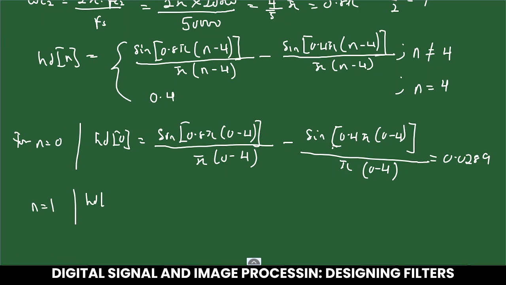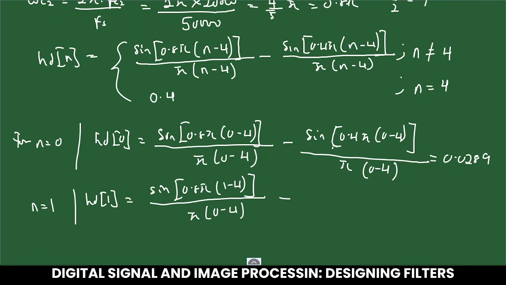You do same for n is equal to 1. We have our hd of 1 is equal to the sine of 0.8 pi into bracket 1 minus 4 all over pi into bracket 1 minus 4, sorry, it's supposed to be 1, minus sine of 0.4 pi bracket 1 minus 4 all over pi 1 minus 4.